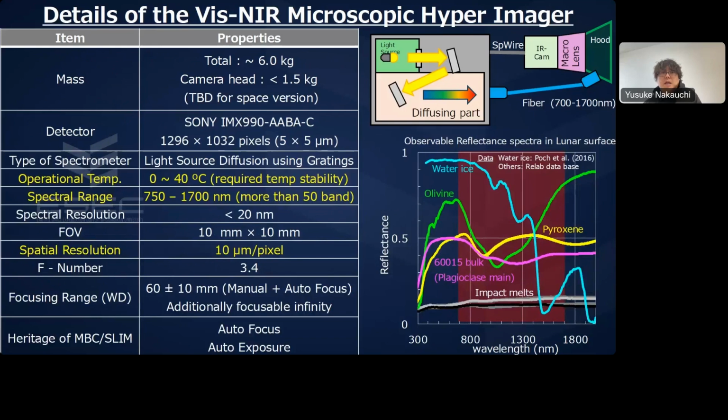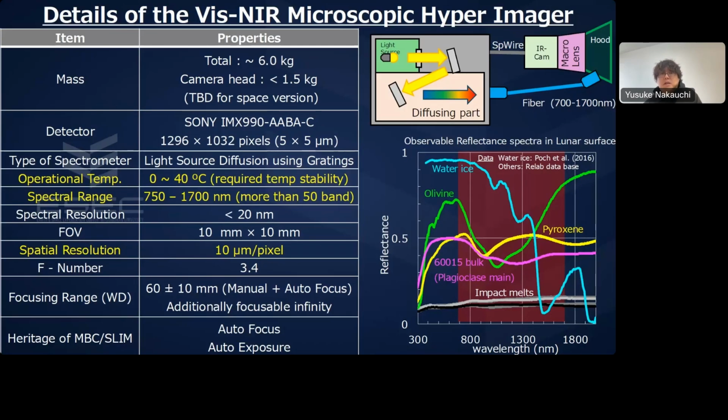This is the detail of the microscopic hyperimager. This camera has a diffuse light source using a grating and a SWIR detector. The observation wavelength range is from 750 to 1700. The right figure shows the reflectance spectra of lunar surface materials.